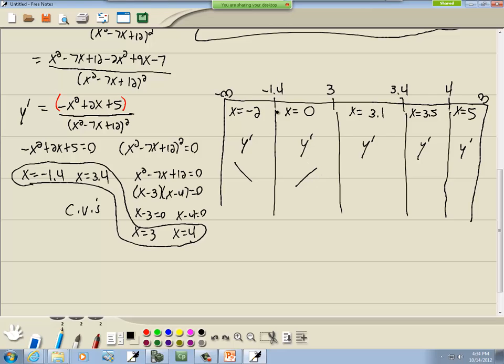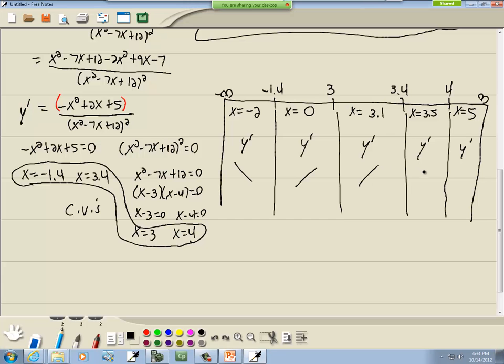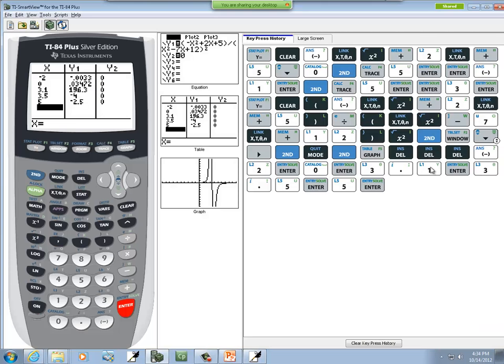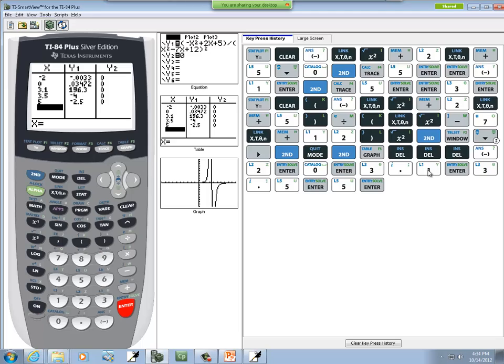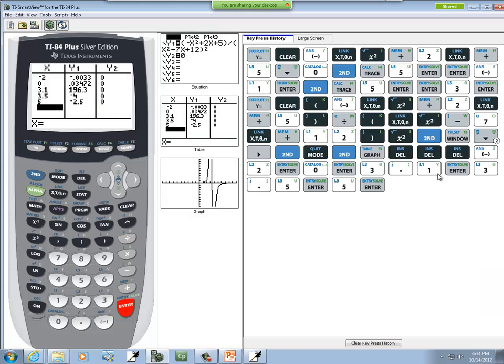Which means we have a minimum here, which I'll come back to. But 3.1, 196.3, so that's increasing. For this one, what is it? 3.5, it's negative, so it's decreasing. And this one, if I remember right, yeah, is also decreasing.